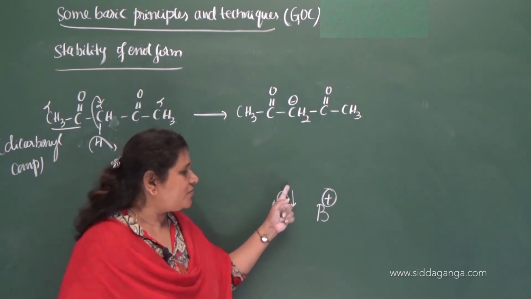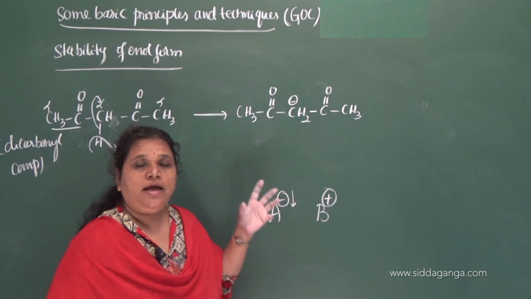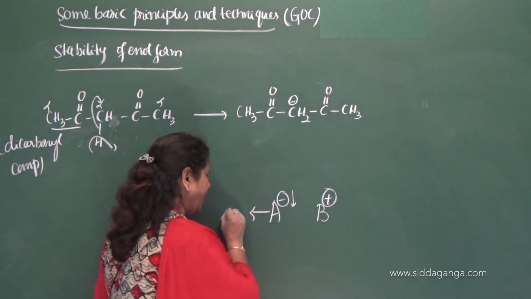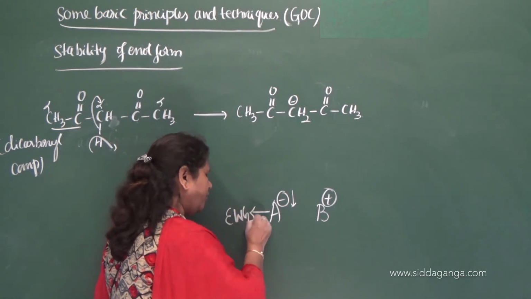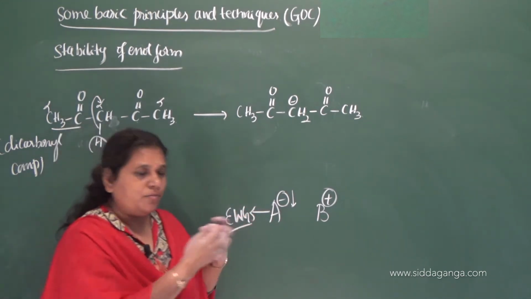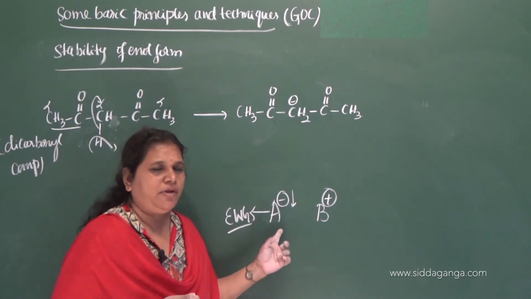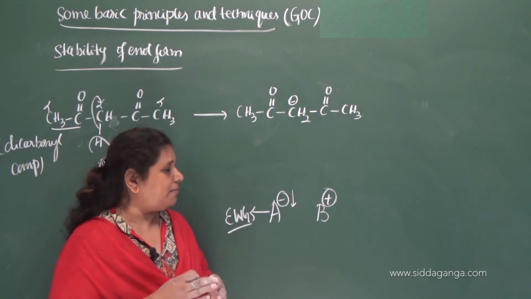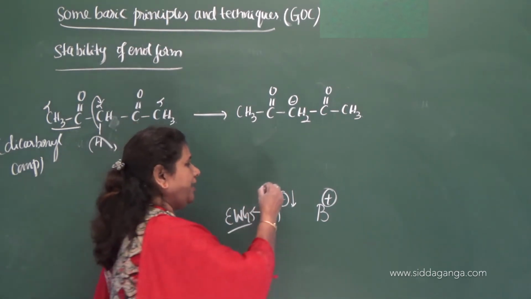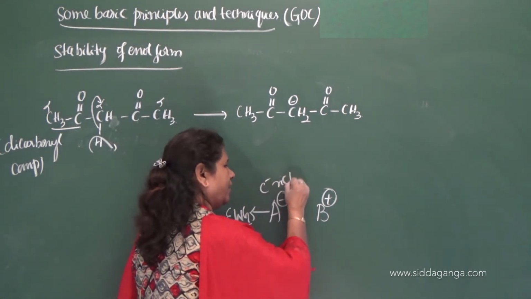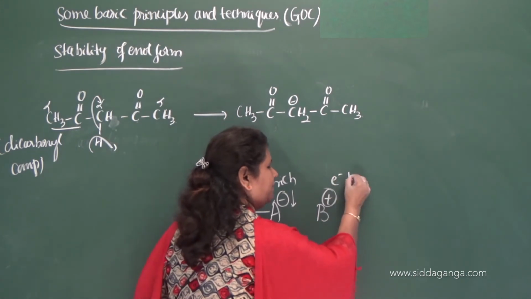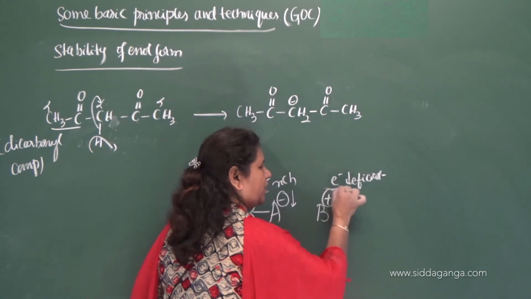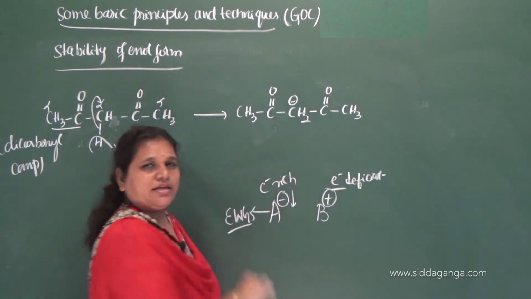When does the diminishing of the negative charge take place? If an electron withdrawing group removes electron from this atom, then the negative charge decreases. What does negative charge indicate? The ion is electron rich, correct? And this is electron deficient, correct?